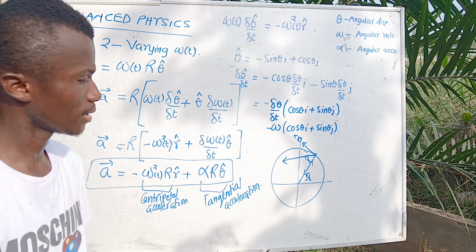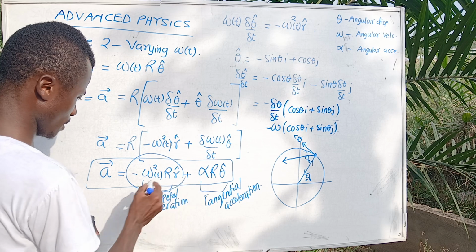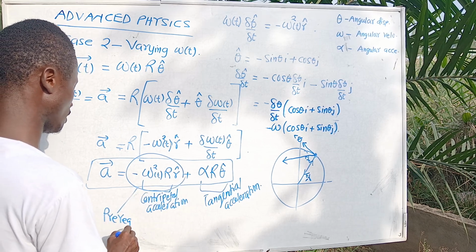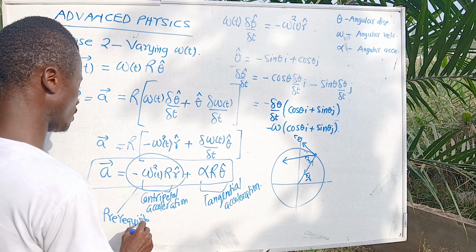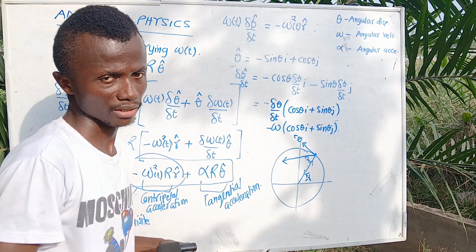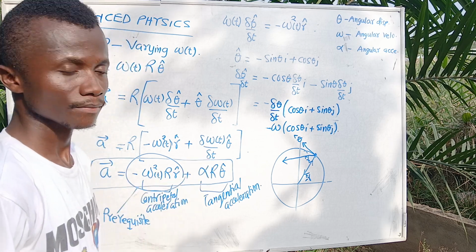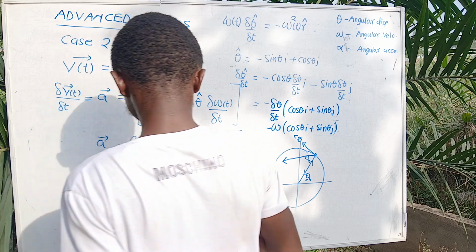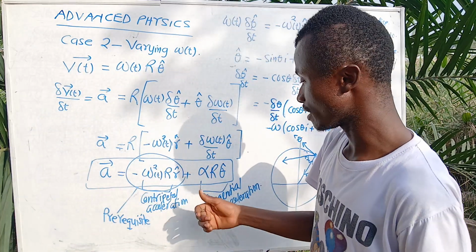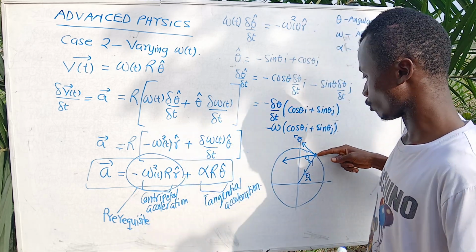So for circular motion, this is a necessity. It's a prerequisite. In other words, if this isn't there, the object cannot traverse a circular trajectory. So even when omega is a constant, you still have this. But for a variable omega, alpha will set in, giving it a new acceleration called tangential, and the overall acceleration will be in an oblique direction.